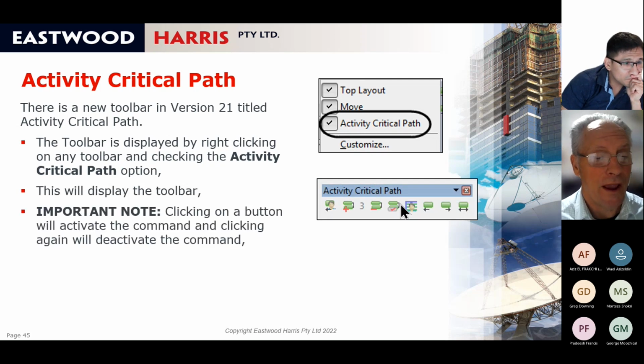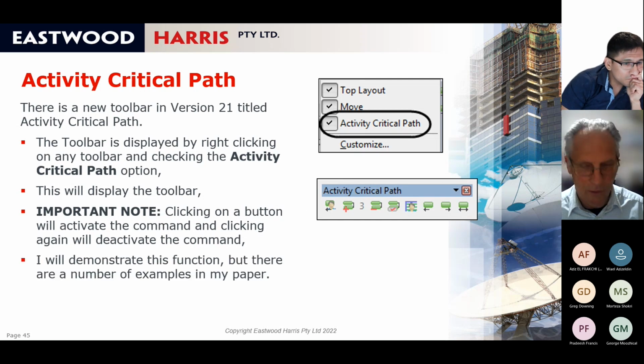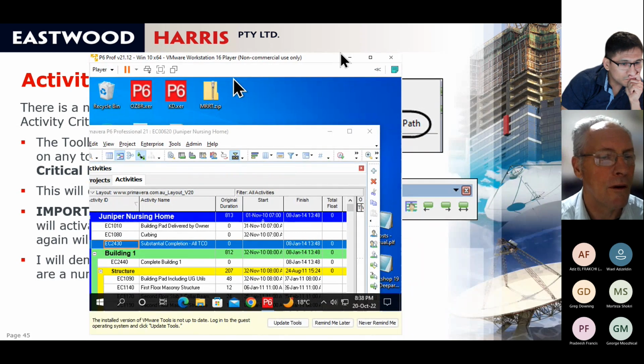In my paper, it's got a lot of screen dumps. What I'm going to do is try and drag this across here and show you how it works. Hopefully I can get this onto the screen. I'm just trying to move my P6 across. Here it is.